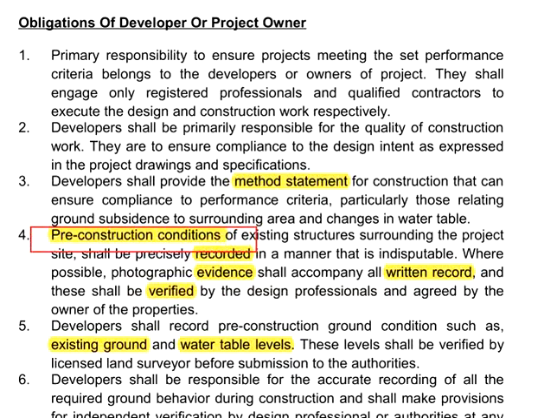These pre-construction conditions will serve as the baseline, representing the existing conditions of the structures and the areas surrounding the project site. The relevant information also includes the existing ground and water table levels.